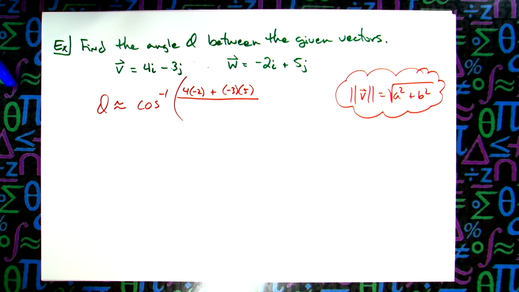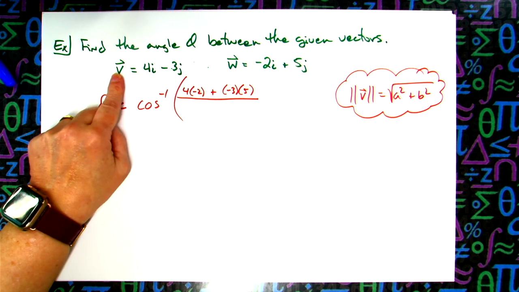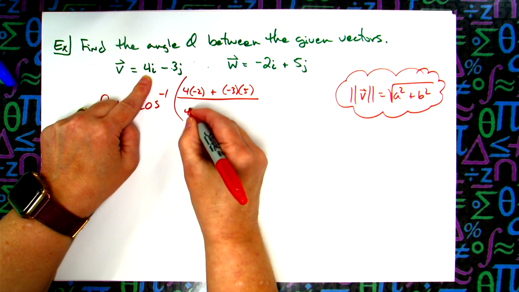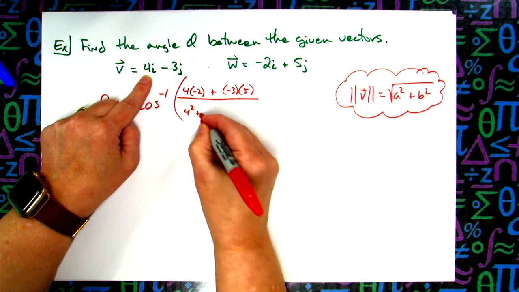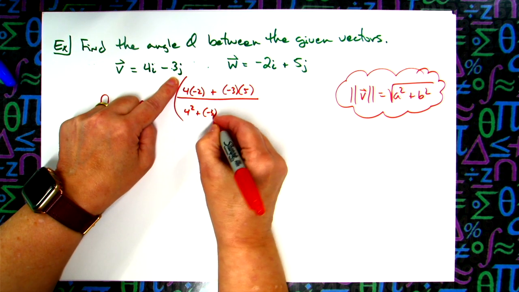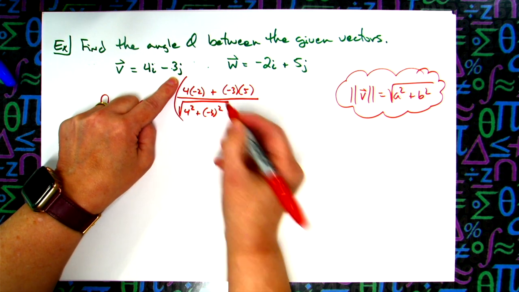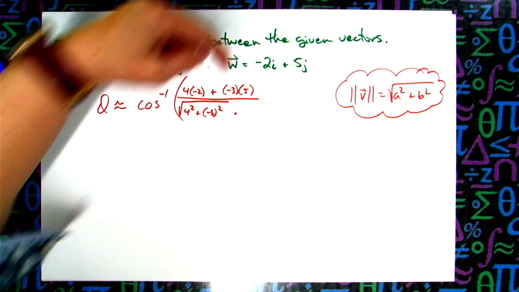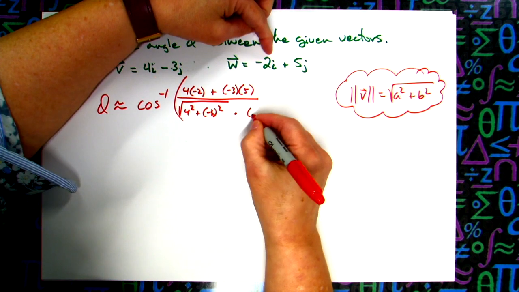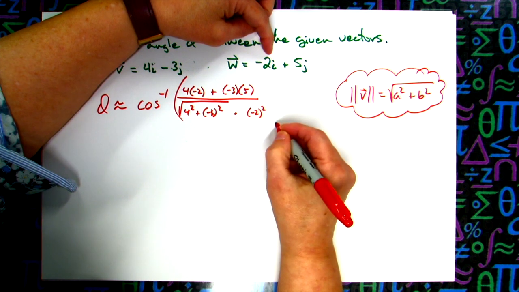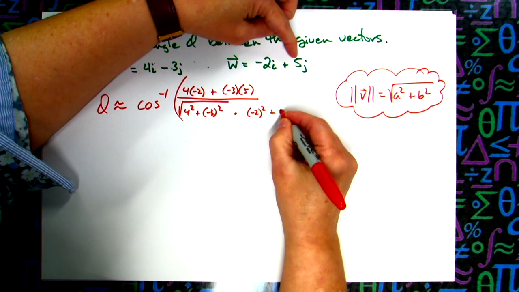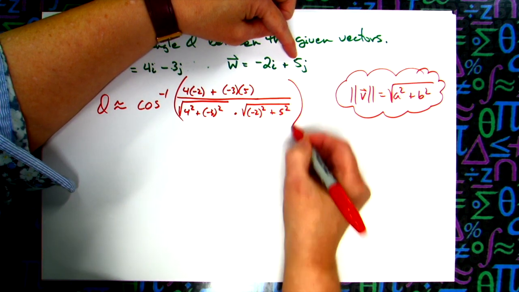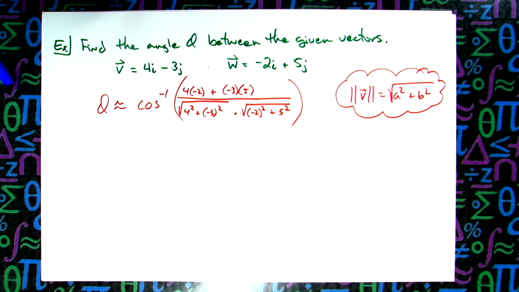Okay, so I need the magnitude of the first one. So that's going to be, this gets kind of long, 4 squared plus a negative 3 squared and then square root. Now the magnitude of the second one, so a negative 2 squared plus the b squared and then square root. See, that denominator gets really, really long.